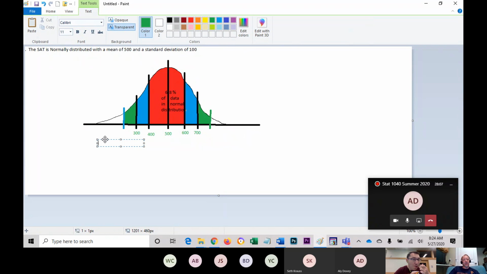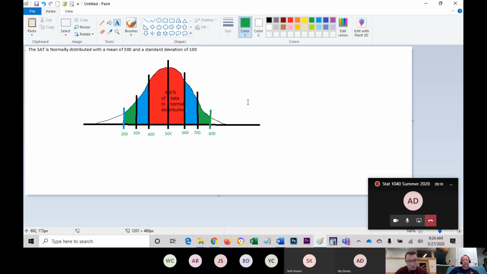And I know that 99% of the scores are between 200 and 800. So just knowing the mean and the standard deviation, you should be able to label a normal curve just like that. Okay.